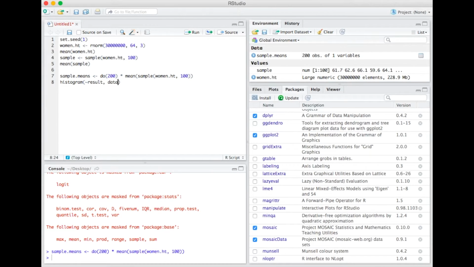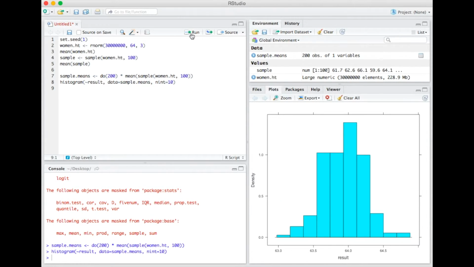So I'm going to say that I want the histogram to come from my sample means data, and let's say that I want 10 breaks, 10 bins in my histogram. And there we go, there's my histogram of 200 sample means from different samples from this women's height distribution, and it looks pretty normal.